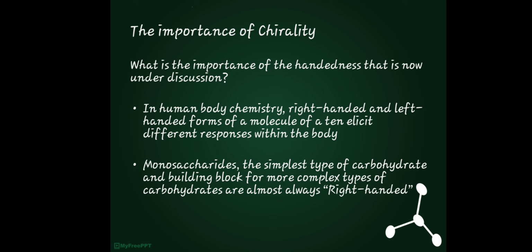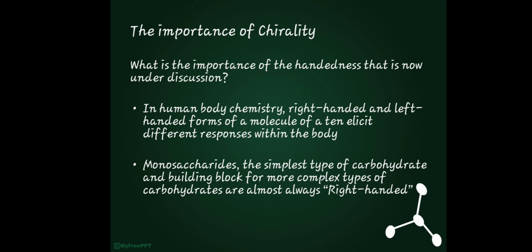Okay, let's move forward to another importance. Monosaccharides, the simplest type of carbohydrates and building blocks for more complex types of carbohydrates, are almost always right-handed. That is why I've said that chirality is very important in our body for balance. In the second statement, it said that most of the carbohydrates inside our body are right-handed.